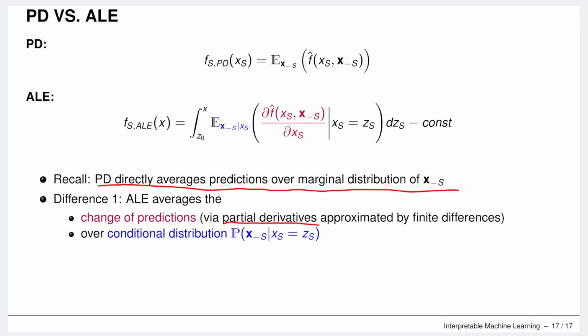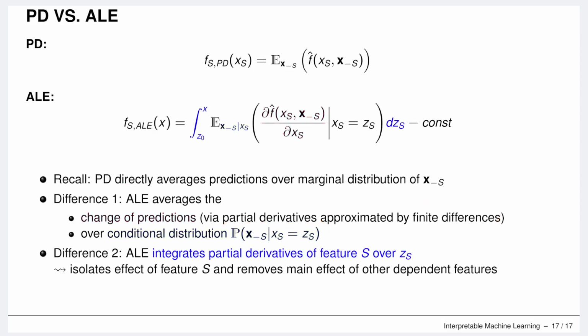And in the estimation process, we have used the finite differences here. These changes of predictions are averaged using the conditional distribution. Similar to the M-plot, this ensures that we avoid extrapolating in regions where we don't have many data points.